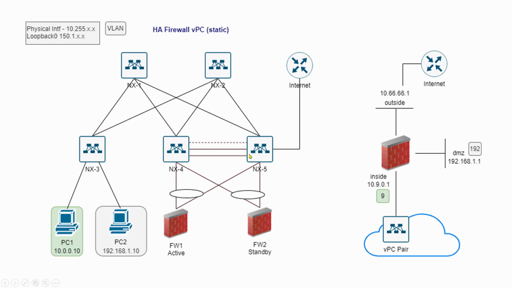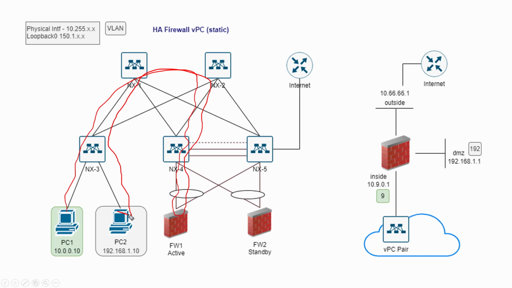And so as far as traffic flow, from PC1 to PC2, it's going to come from 1, go into the primary firewall right now, which is this one, and then it comes back out, and it could use either link, and then it goes back to 2.